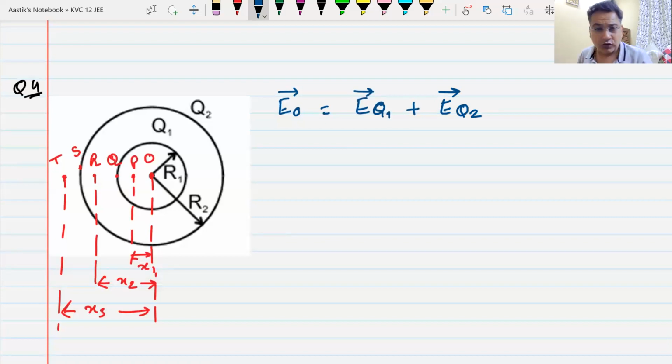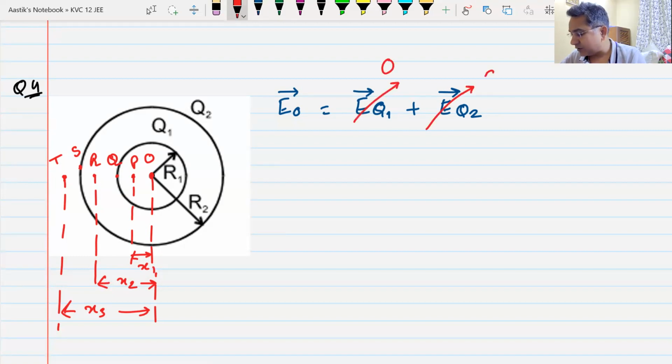But point O lies inside the shell Q1, so the electric field due to Q1 is 0, and the electric field due to Q2, since it is inside, is also 0. So the answer is 0.